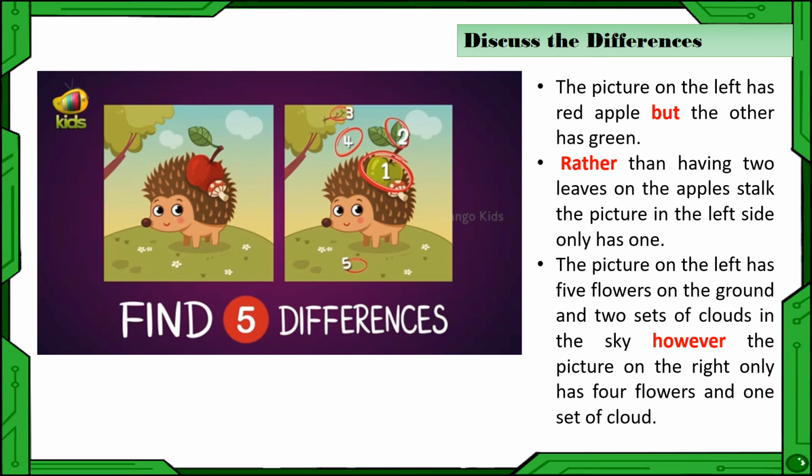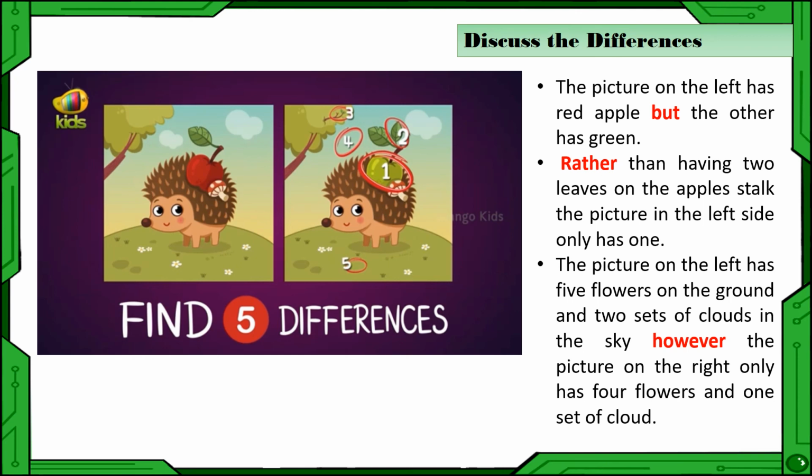Now for this one, I pointed out 2 things in one sentence. So that's what makes the sentence longer. The picture on the left has 5 flowers on the ground and two sets of clouds in the sky.